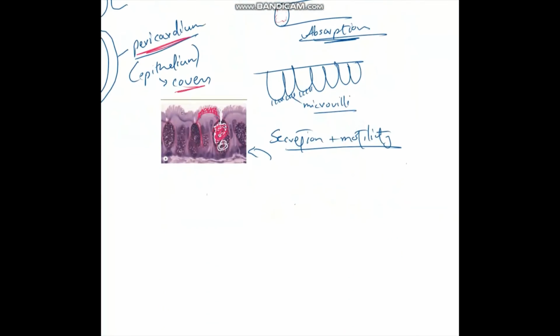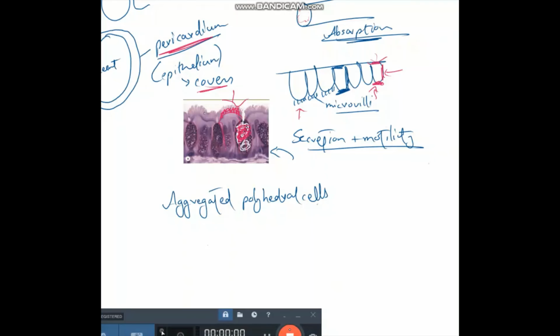So all in all, in conclusion, we can say that epithelium is made up of aggregated polyhedral cells, and that these aggregated polyhedral cells have cell polarity. This shows cell polarity in that they have these apical, lateral, and basal domains, right? And these cells are suited towards certain functions that we have learned.